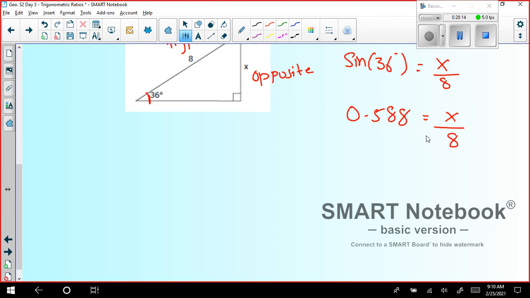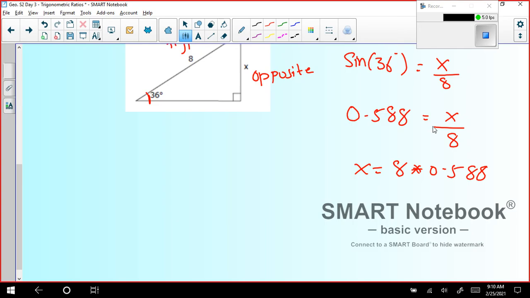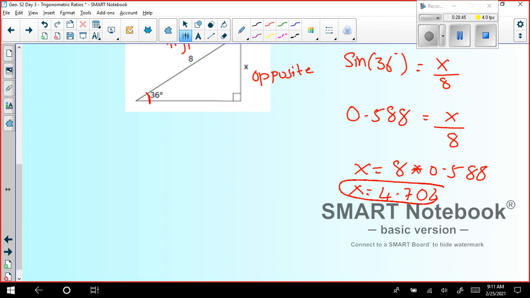So if I cross multiply, I'll get x equals 8 times 0.588, which is nothing but, once again use the calculator, 4.702. So I got my x as 4.702. I hope these kinds of problems are clear. Let's see the next slide.